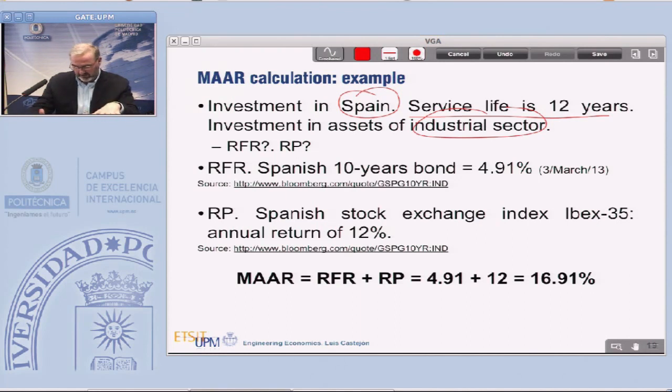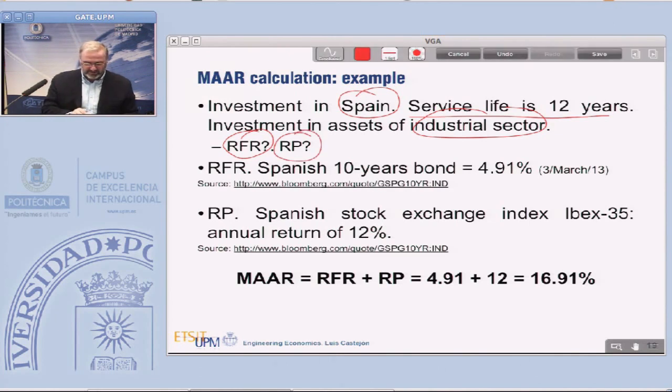One of these sectors is the industrial, so you can go to the Spanish stock market and know the time evolution of the industrial index of the stock market. So the other question you need to know is the risk-free rate and the risk premium.